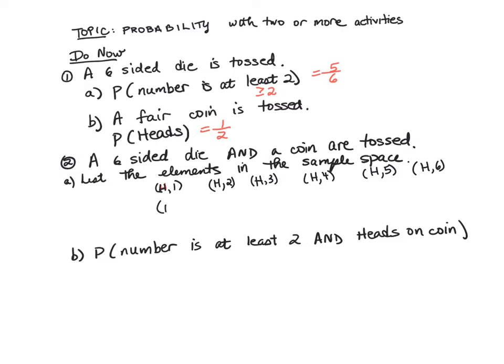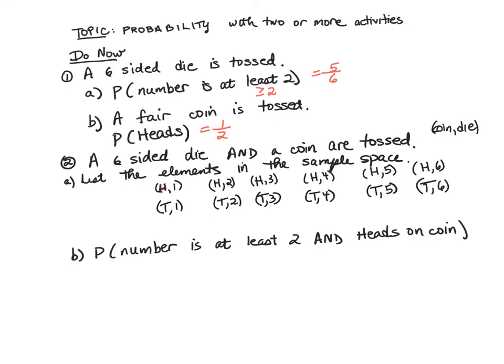And then we could have tail and 1, tail 2, tail 3, tail 4, tail 5, and tail 6. And notice I'm assuming here that the coin is first and then the die. So coin and then die. It really doesn't matter which order, but let's agree on that.